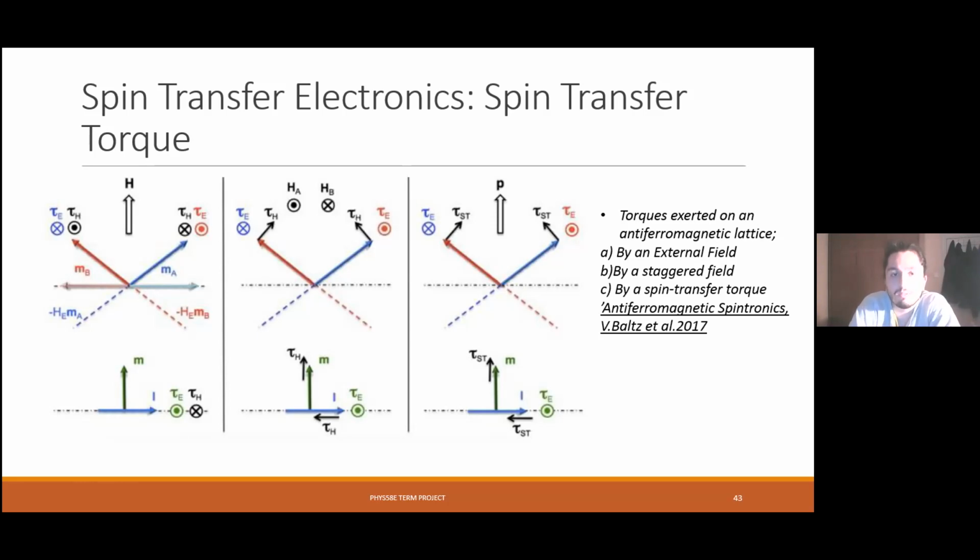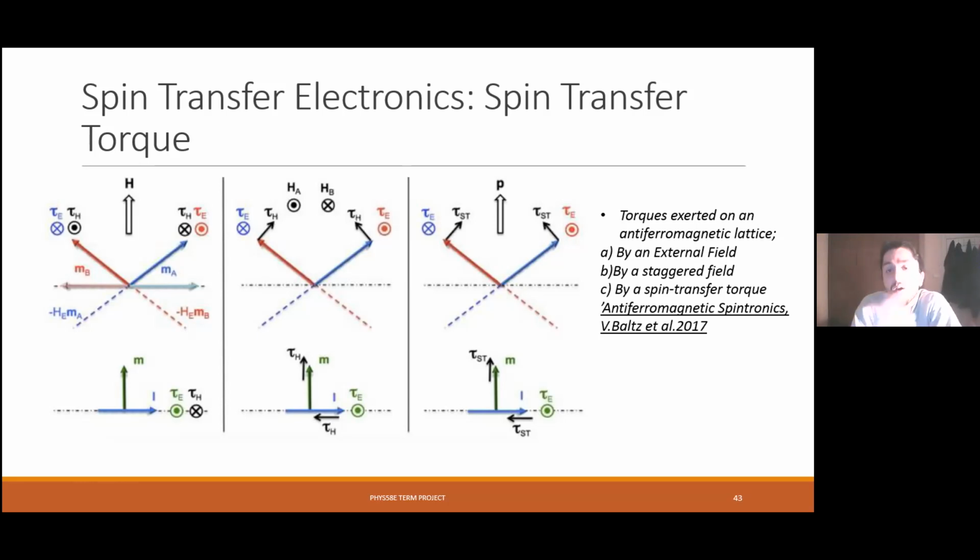In the second one, there's a staggered field, which means two different applied magnetic fields for each magnetic moment, and the same exchange torque components are present again. As you can see here, two staggered magnetic fields are applied to the system, and the torque is applied in this direction, in the spin plane direction, and the torque is actually canting the spins.